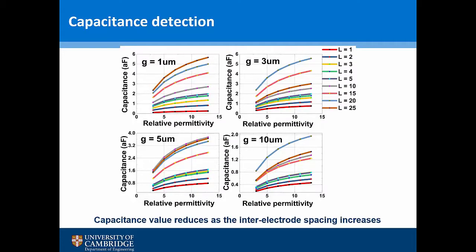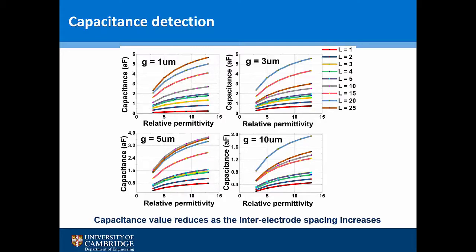So here, we compared different inter-electrode spaces, basically the spaces between the electrode fingers. And we can see that as that increases, the capacitance measured reduces for all finger lengths. Even as the relative permittivity increases further, the capacitance is becoming relatively independent of that.